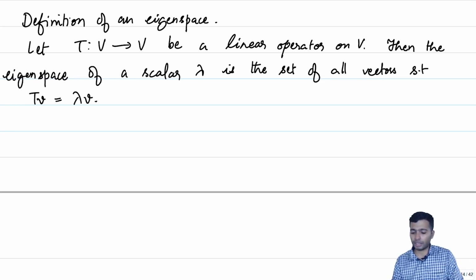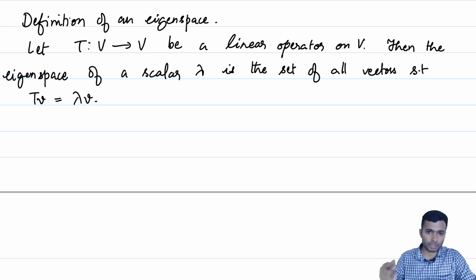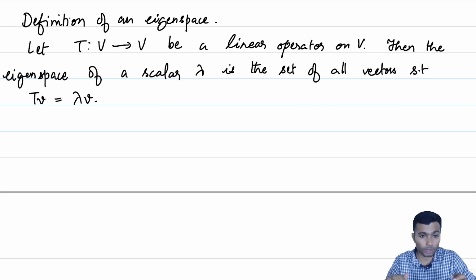So, notice that every eigenvector of T with eigenvalue lambda is in the eigenspace of lambda. The 0 vector is obviously there too, but every eigenvector which has eigenvalue lambda will also be in the eigenspace.